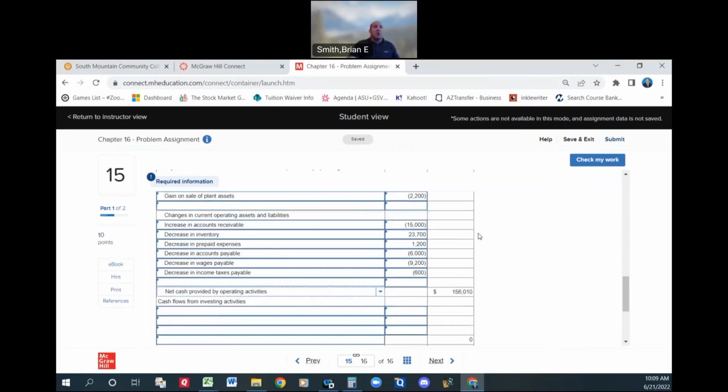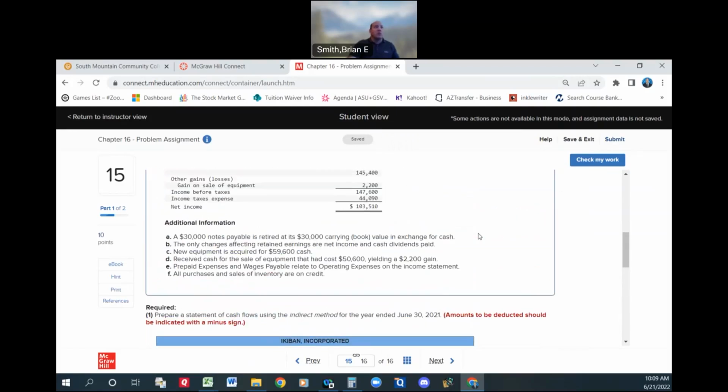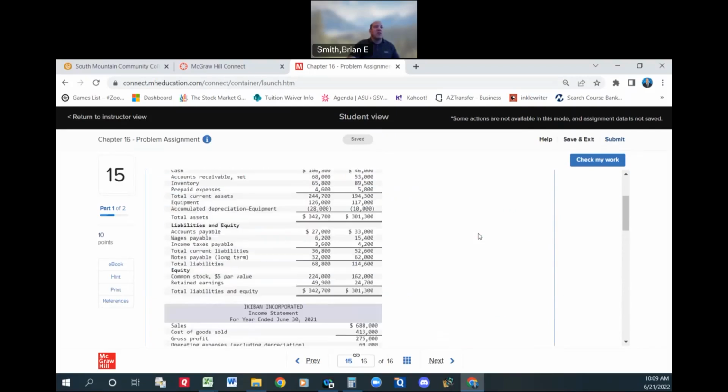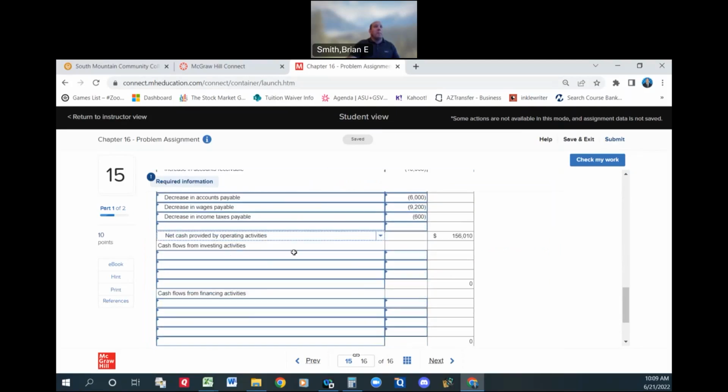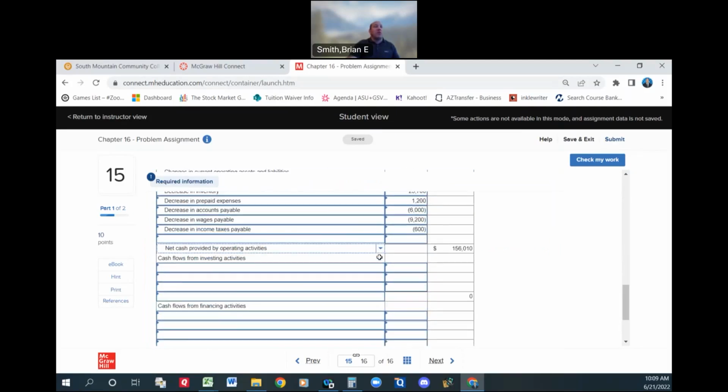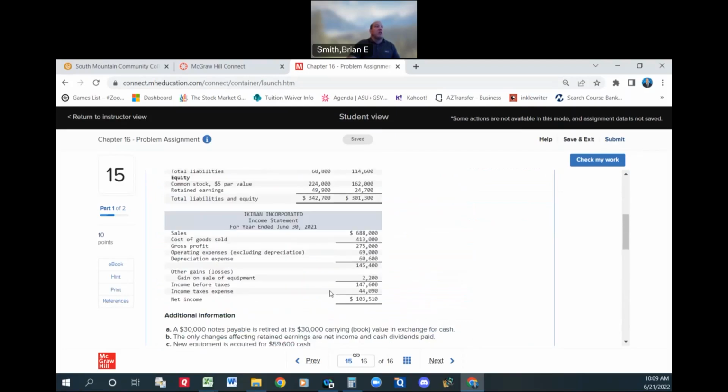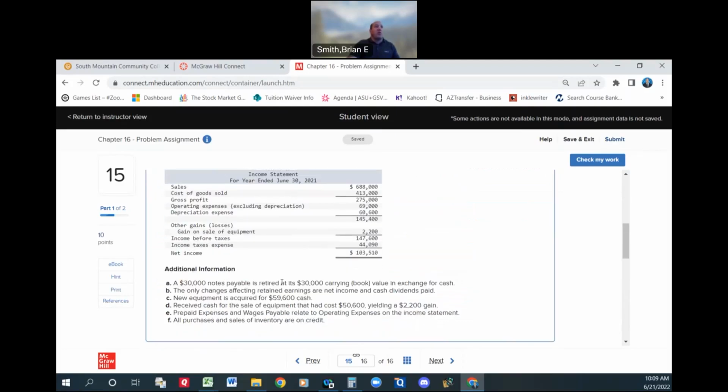Okay, so we'll go ahead and move on now to our investing activities. Just coming over here, looks like we have a notes payable long term, and we have equipment we want to look at. So cash flows from investing activities. Let's look at our additional information. A 30,000 notes payable is retired at its $30,000 carrying book value in exchange for cash.